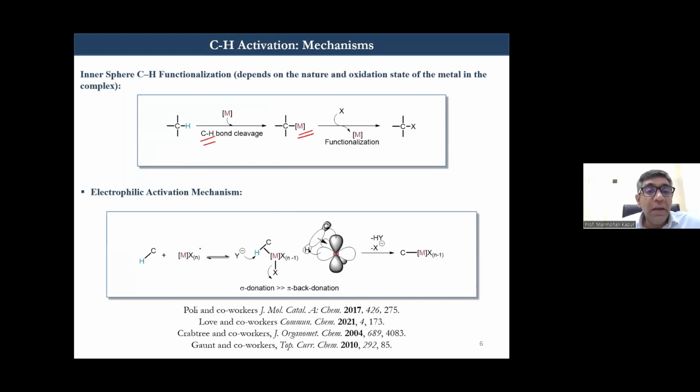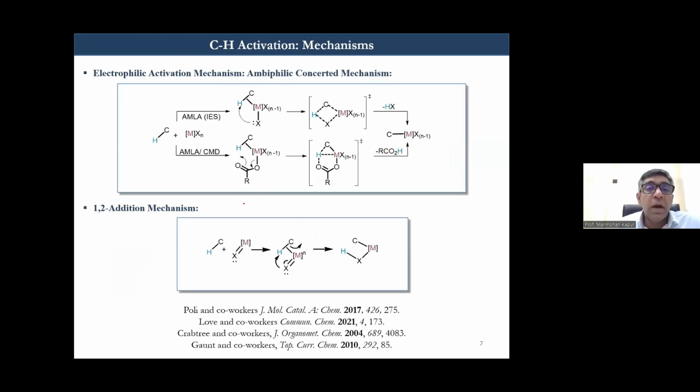Within this, you have the electrophilic activation mechanism, in which you have very little pi back donation and a great amount of sigma donation from the CH bond. Within electrophilic activation mechanisms, you have majorly internal electrophilic substitution and concerted metallation deprotonation.